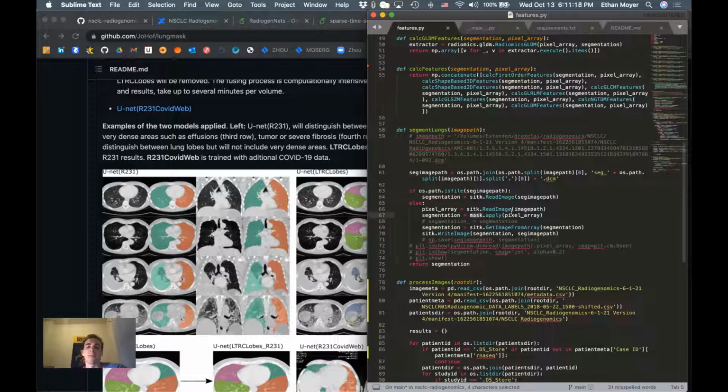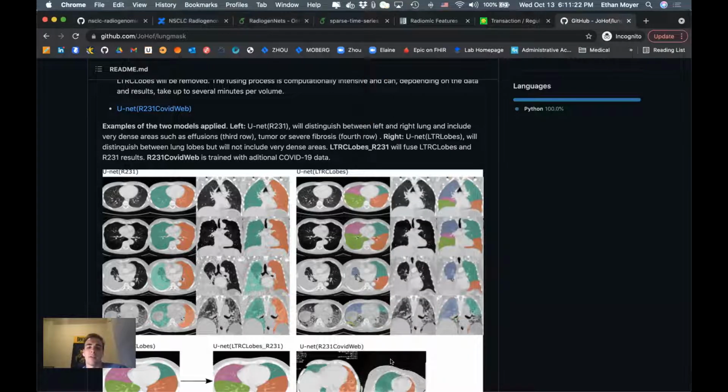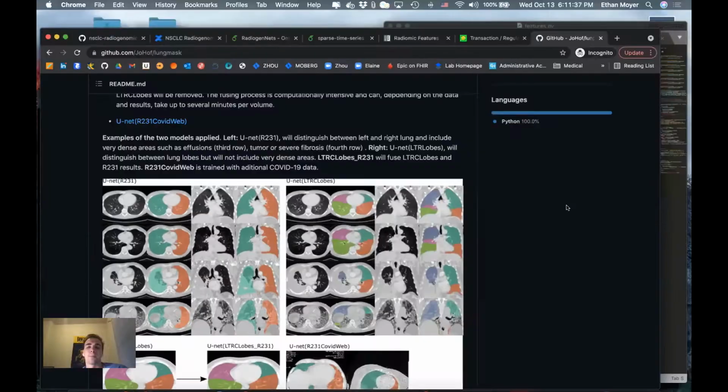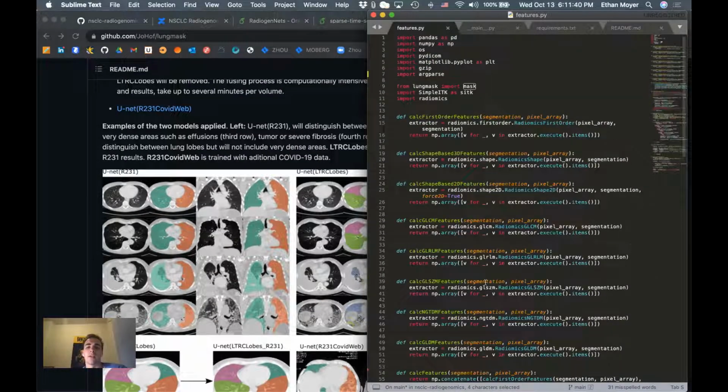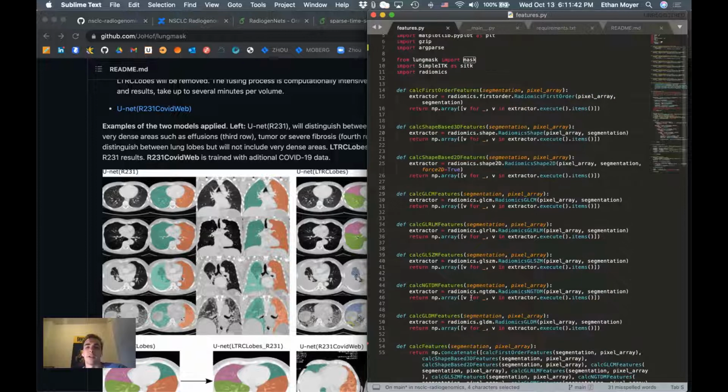The segmentation acts as a mask, so you could imagine that it's predicting the segmentation right here, and then you can just mask that over the original image to get the region of interest, and you can give that to these functions right here to calculate the features.